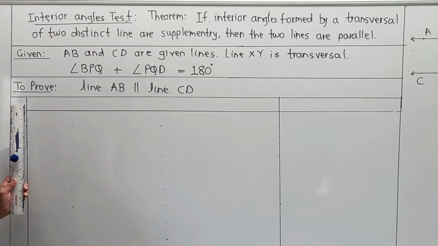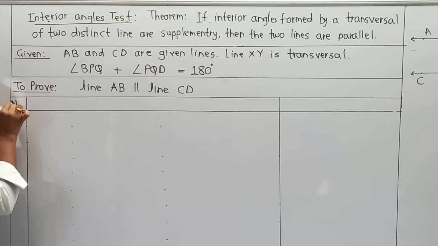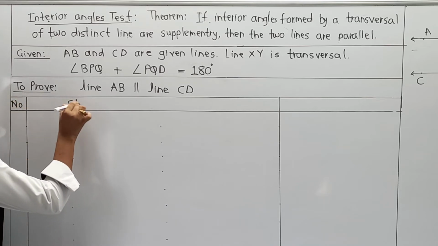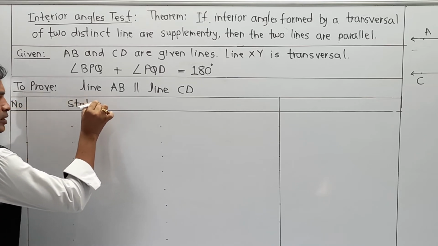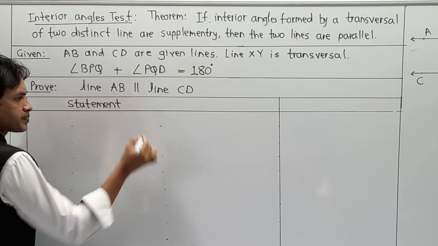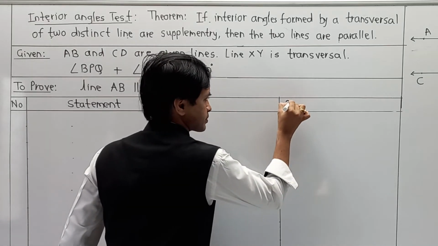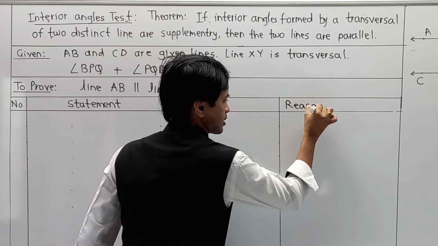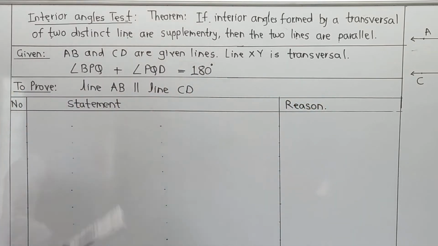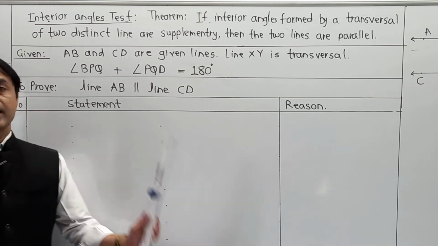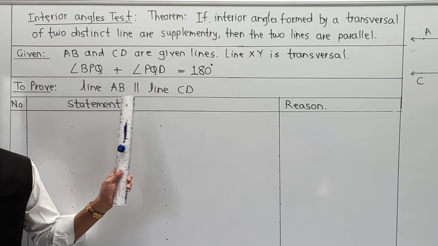No doubt we are going to write the proof in the form of number, statement and reason. And in this case, again, this is nothing but an indirect proof. So what exactly is meant by indirect proof? We have to prove that line AB is parallel to CD.